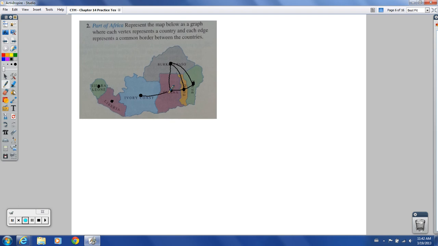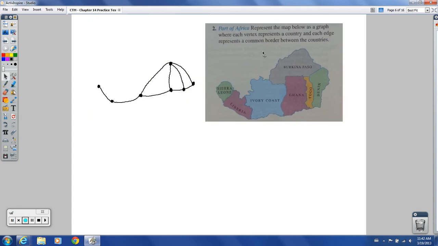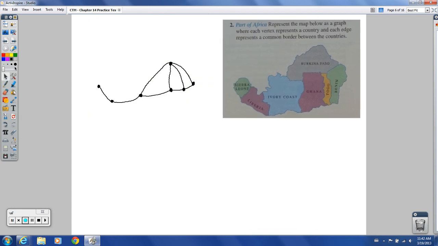There's definitely one between Ivory Coast and Ghana and Burkina Faso and Ivory Coast, Liberia here, and Sierra Leone right there. And so this is what my graph would look like. There we go. This is SL for Sierra Leone, Liberia right there, Ivory Coast, IC, Ghana, Togo, Benin, Burkina Faso.